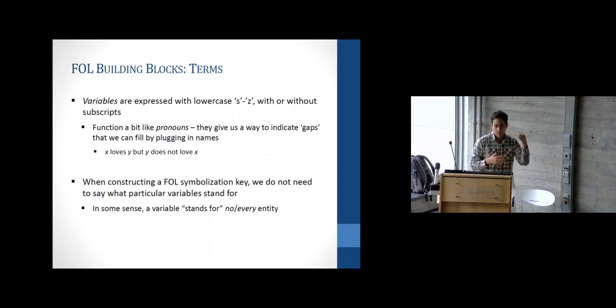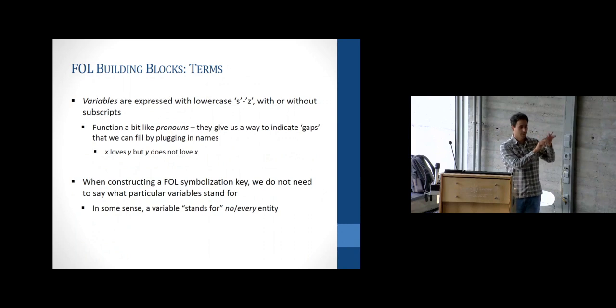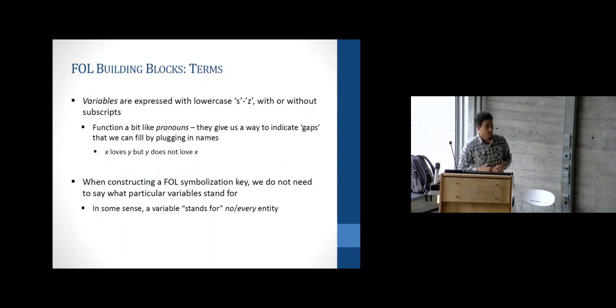I can say X loves Y, but Y doesn't love X. And I'm kind of mean here. What I mean is that I'm not specifying particular objects. X is a placeholder for a name, Y is a placeholder for a name. Because of that, we don't need to specify what X, Y, Z refer to in a symbolization key.